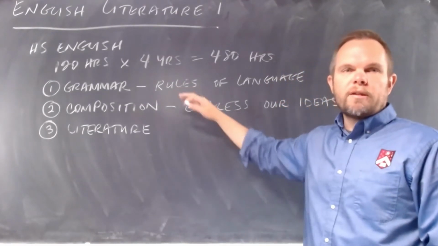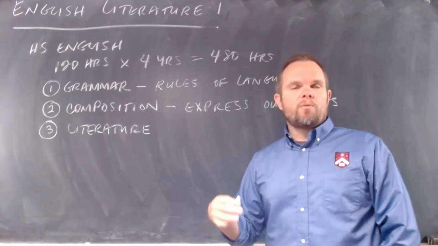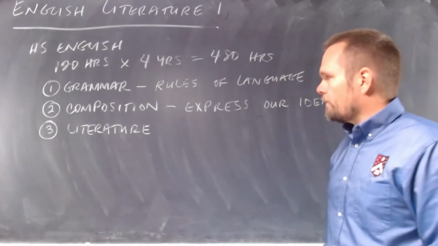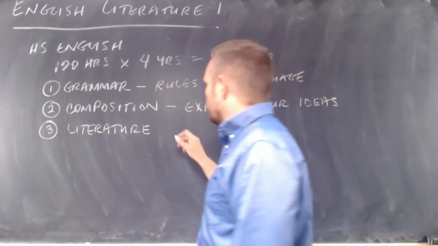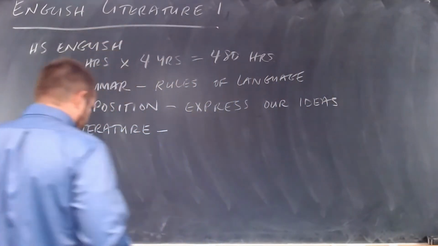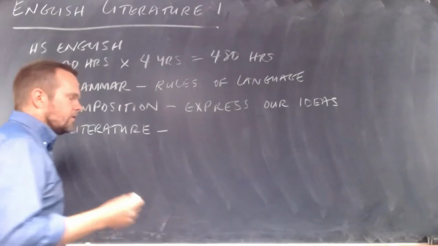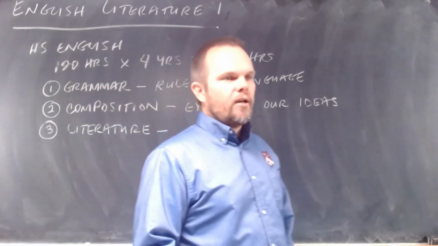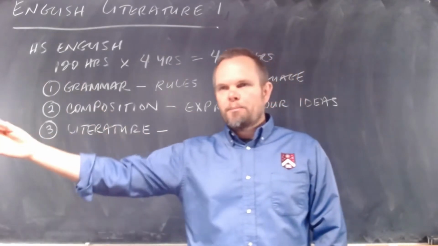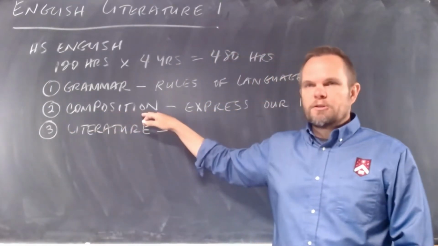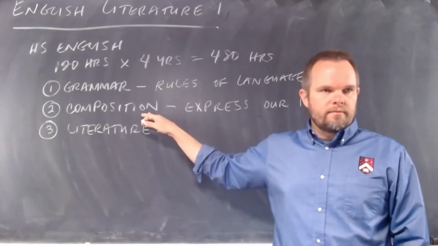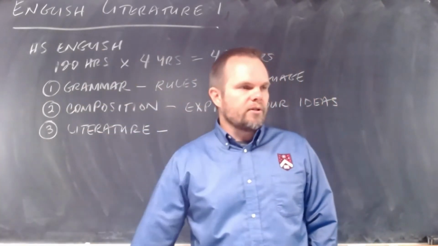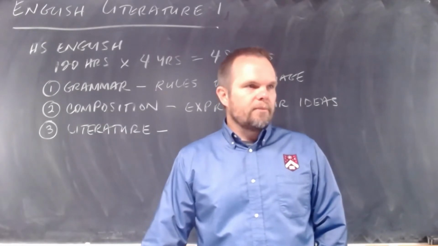So grammar really comes after composition because we use it to check and correct our composition. And then lastly, we study literature. Literature really is like a history class, because in literature, we seek to study how other people have expressed their ideas. Okay? We study the history of other people's compositions. Does that make sense?